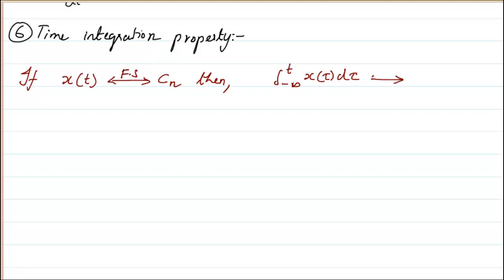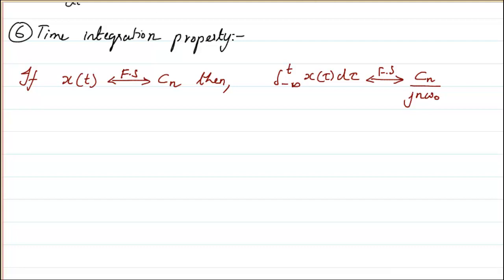So this is basically the integration of x of t. The Fourier series of that, if you calculate, you will get C of n divided by j n omega naught. So if it was differentiation, then it was multiplying with j n omega naught, and if it is integration, then it is C n divided by j n omega naught.